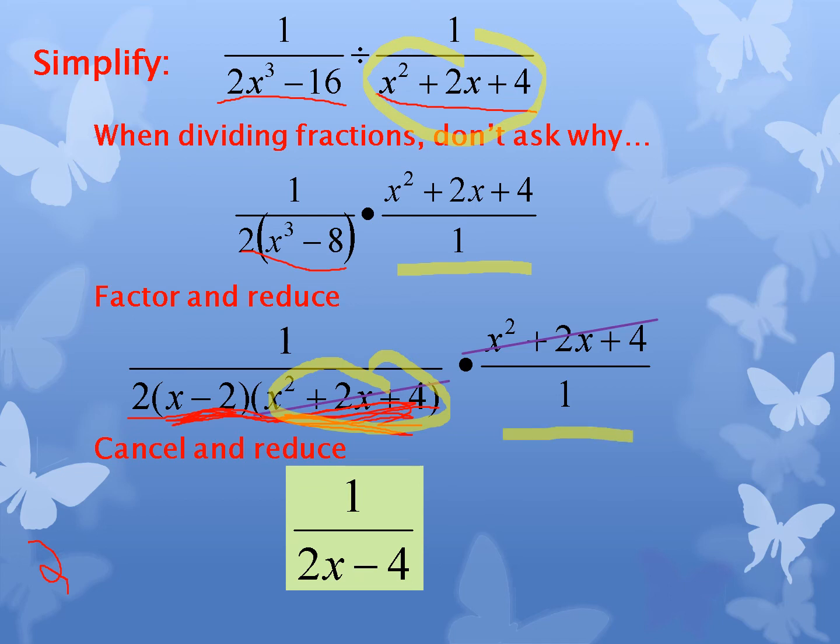Same with down here. Now, if we look at the final answer, 2x minus 4, if we set it equal to 0 and solve, we're going to get a 2 again. So it looks like 2 is our only variable restriction. So x cannot equal 2. All right? Let's look at our last problem.